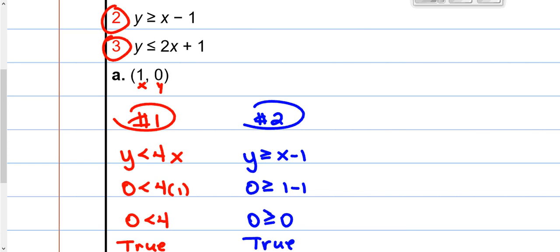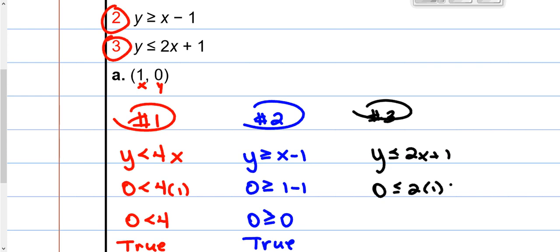And now let's look at number 3. On number 3, we have y is less than or equal to 2x plus 1. Y is 0, less than or equal to 2 times 1 plus 1. 2 times 1 is 2. 2 plus 1 is 3, so 0 is less than or equal to 3.